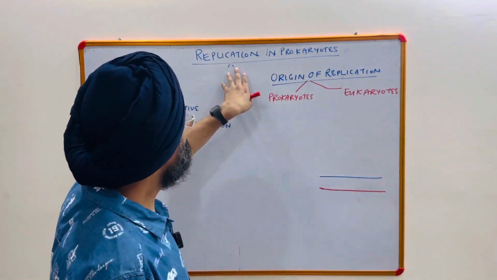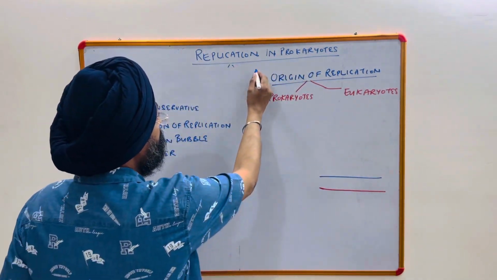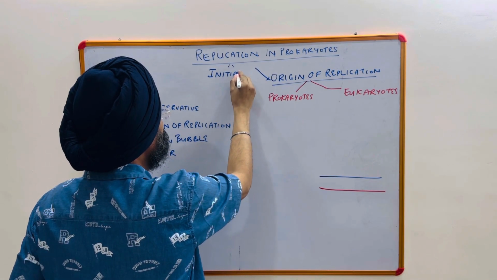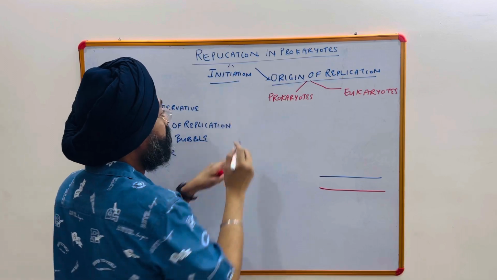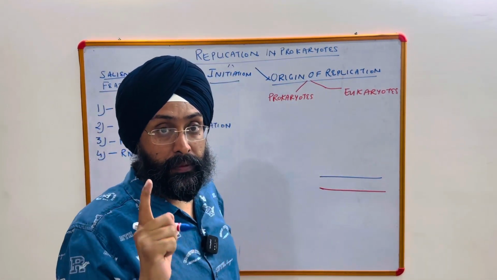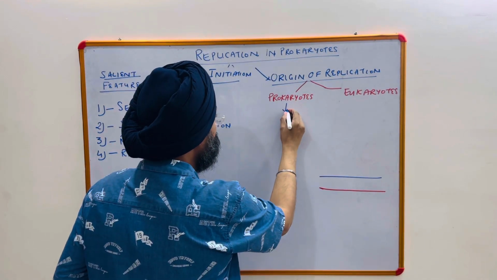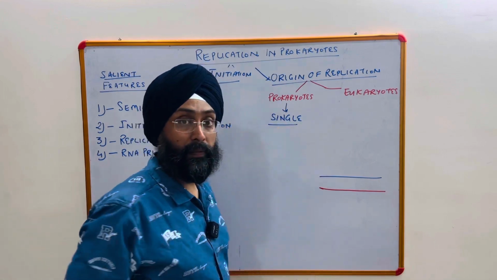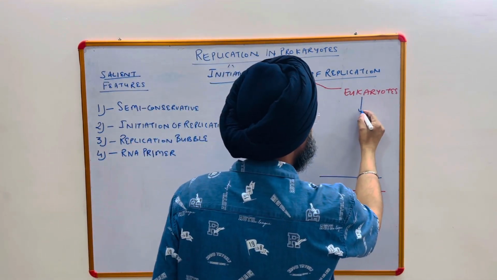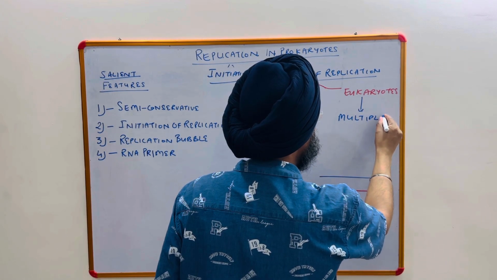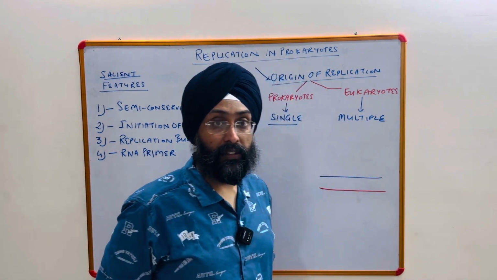Now we'll start with the second feature, that is initiation of replication. Initiation of replication starts at the origin of replication, right? And in prokaryotes and eukaryotes there is a major difference: in prokaryotes there is a single origin of replication, and in eukaryotes there are multiple origins of replication, right?